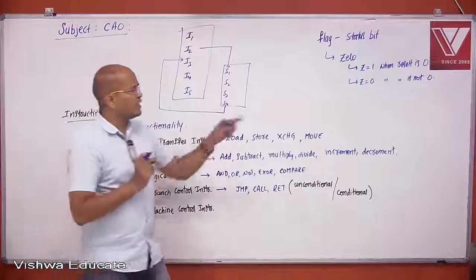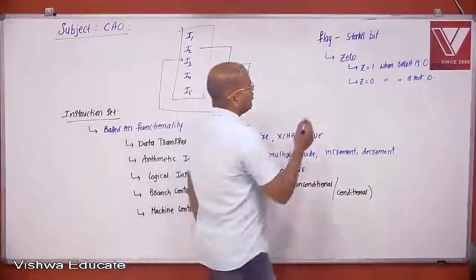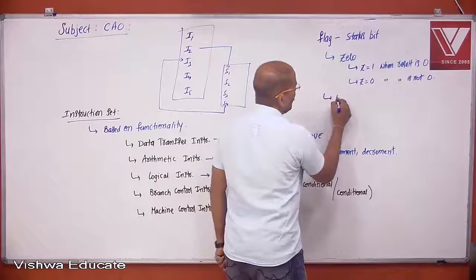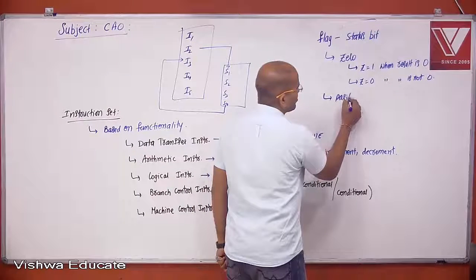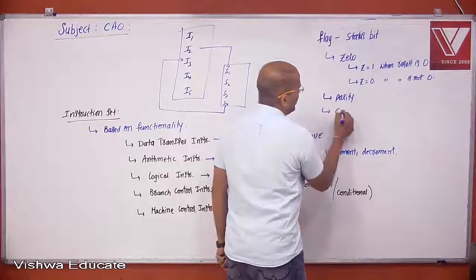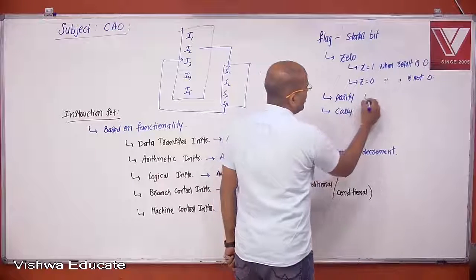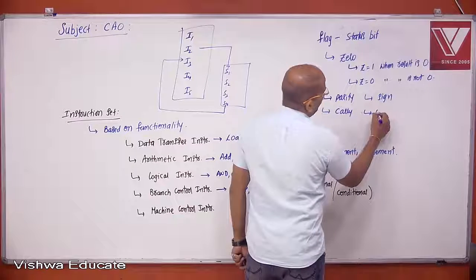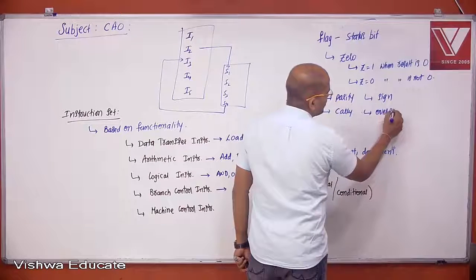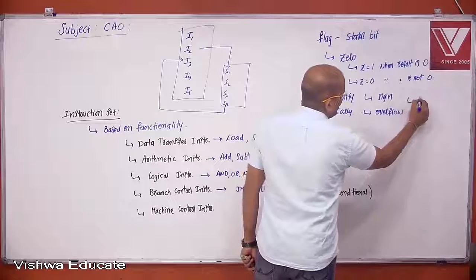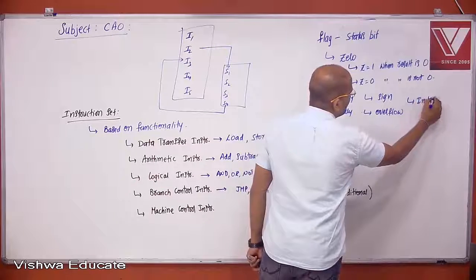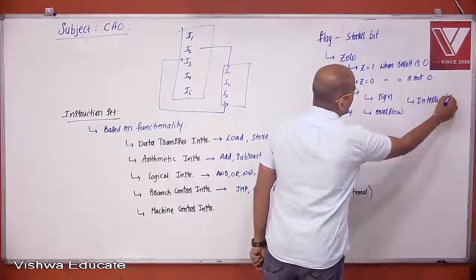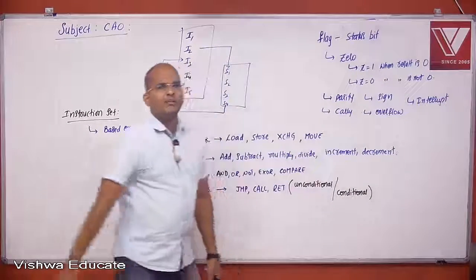One such flag is the zero flag. You also have a parity flag, a carry flag, a sign flag, an overflow flag, an interrupt flag. We can define n number of flags.